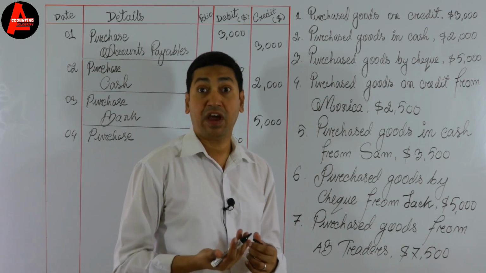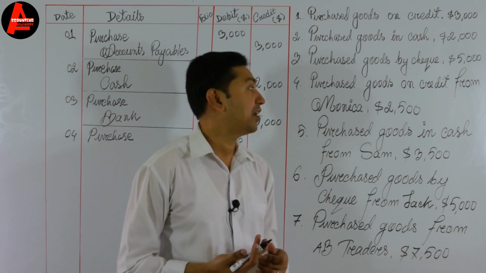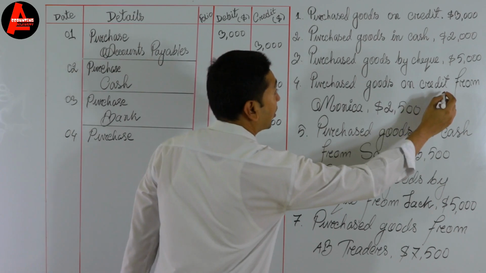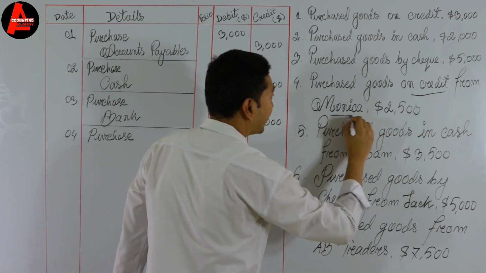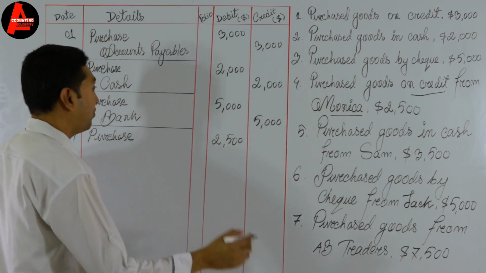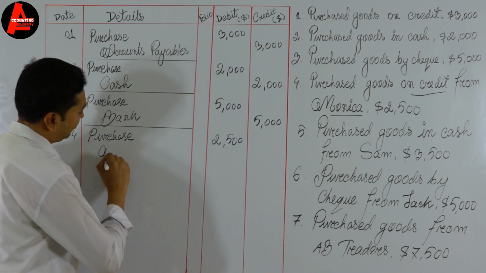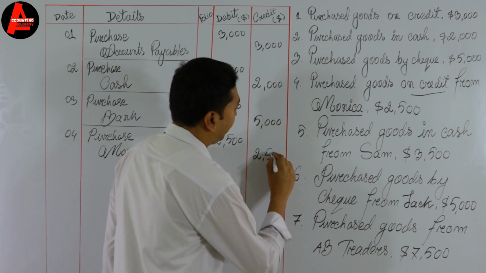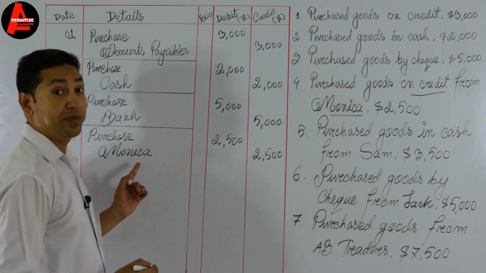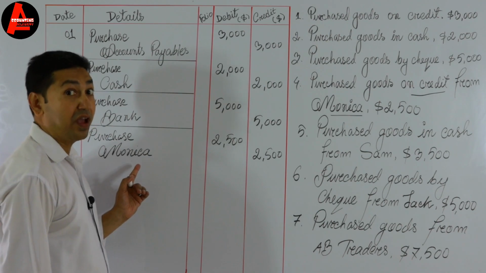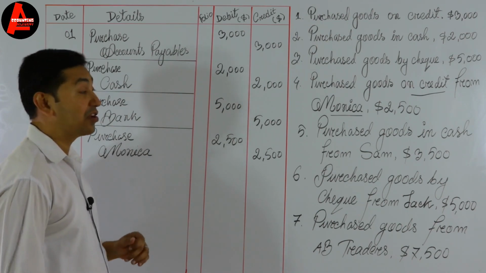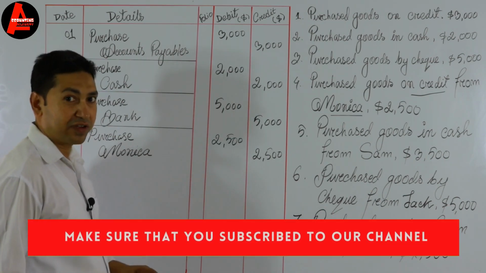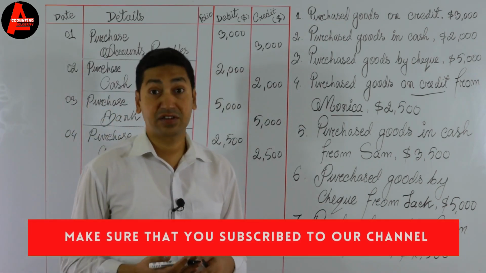You should write only the name. So we will not write accounts payable, we will consider the name given, which is Monica. It is credit, $2,500. Why? Because it is accounts payable, and accounts payable is increasing, so it is a liability. Increasing liability will be credited. Number 4 is also done.